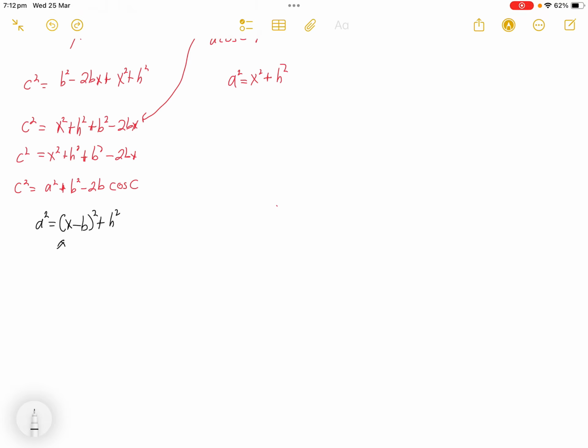Now expand this one, you already know what it looks like. Now to sort this out for the next step.